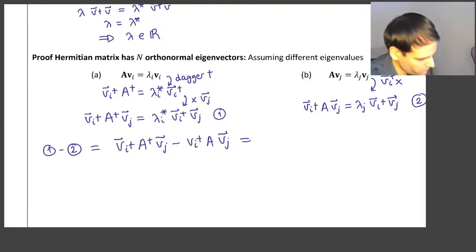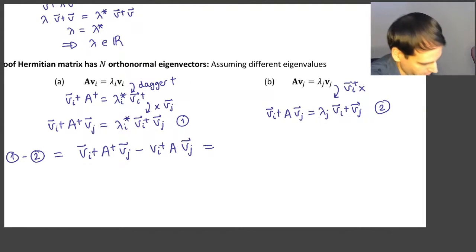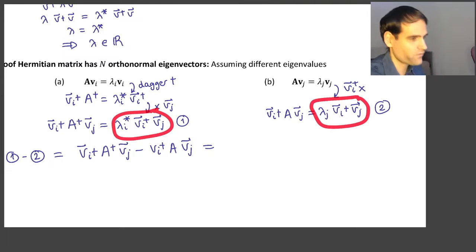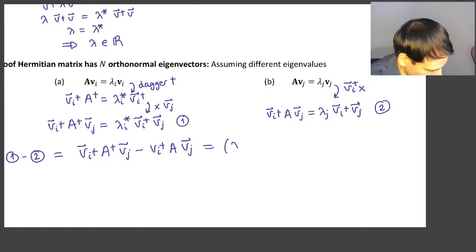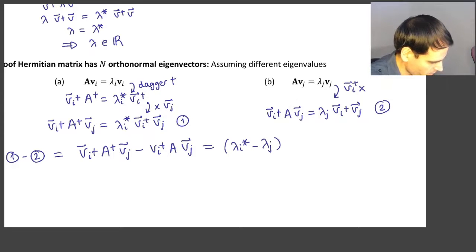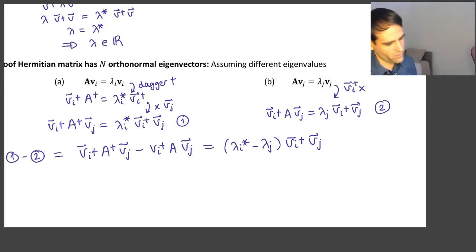And this is equal to the subtraction of the right hand side, which is going to be this minus this. Okay? So we can factor out these vectors and leave the scalars factored like this. So this is going to be lambda i complex conjugate minus lambda j times Vi dagger times Vj. Okay, we have arrived at this equation here.